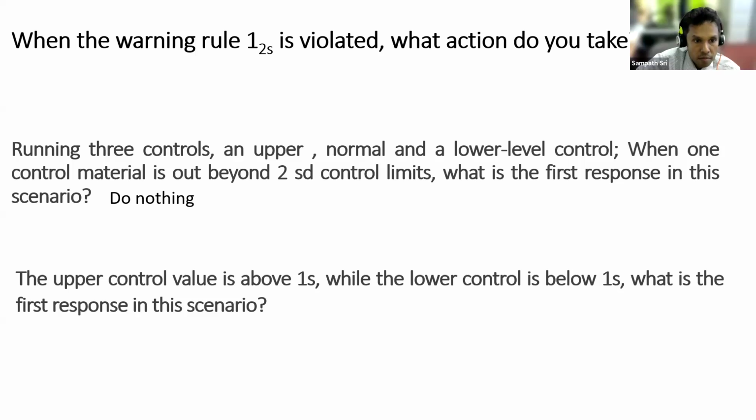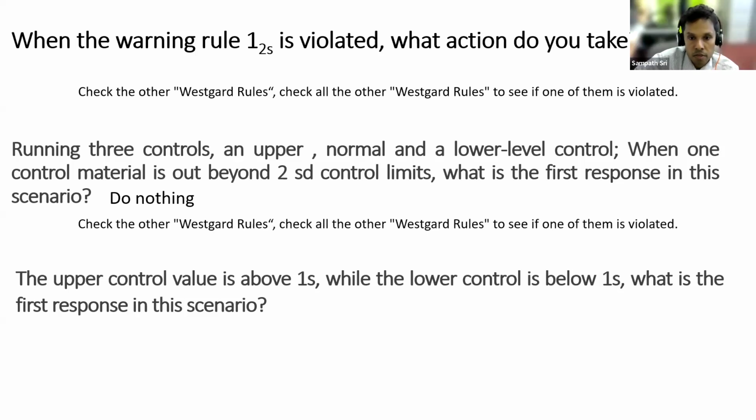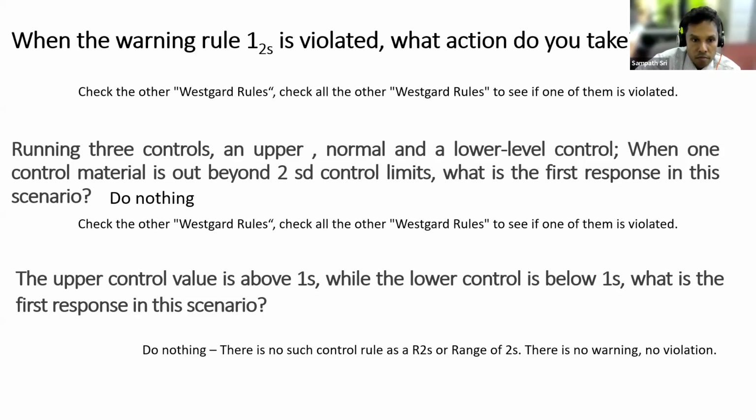Third question is, the upper control value is above 1SD while the lower control value is below 1SD, what is the first response in this scenario? In all these scenarios, we only need to check whether we have violated any other Westgard rules, because everything is just above and beyond 2SD. So all these are warning rules.